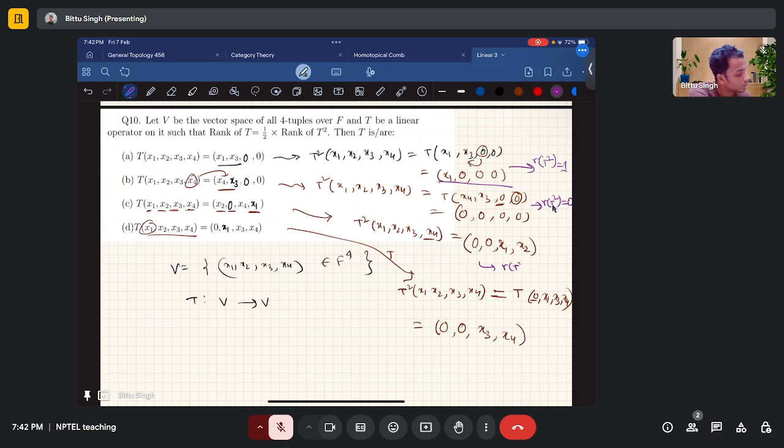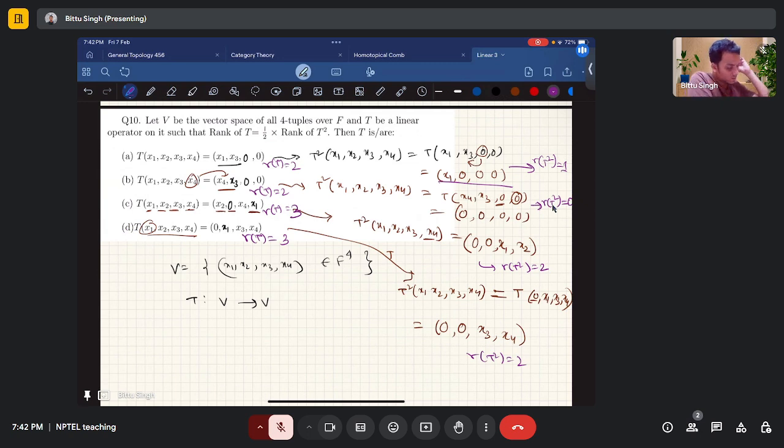Here rank of T square is actually 2. Rank of T square is again 2. But this rank T is actually 3. Rank T is actually 2, 3. Rank T equal to 2, rank T equal to 2. So those two are not possible because rank T square must be even. So we cannot conclude this.